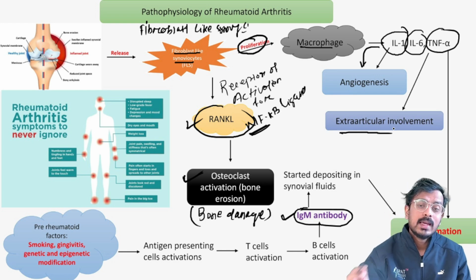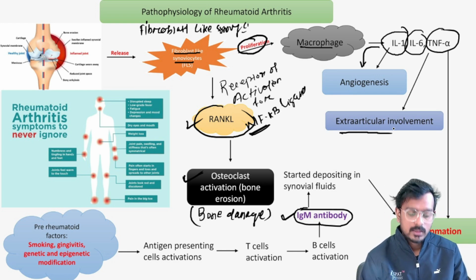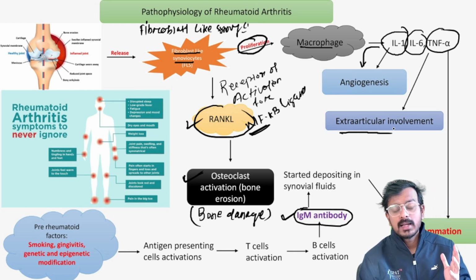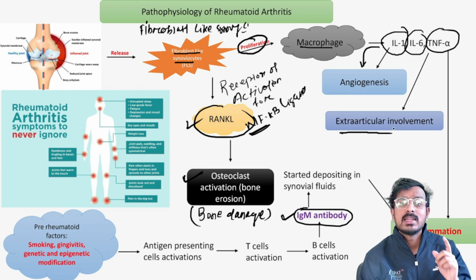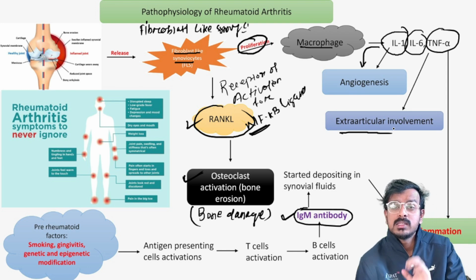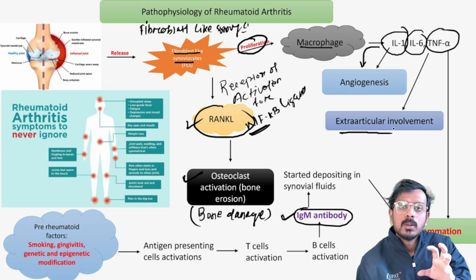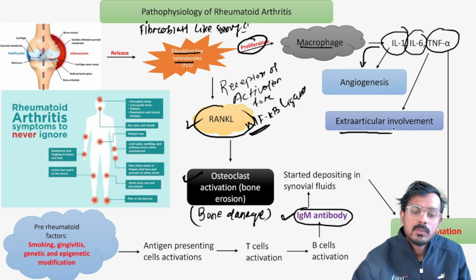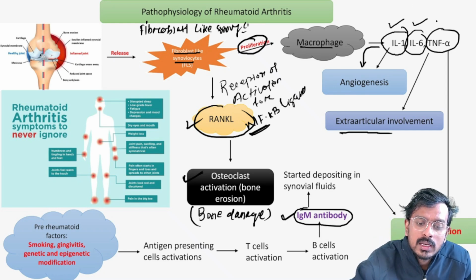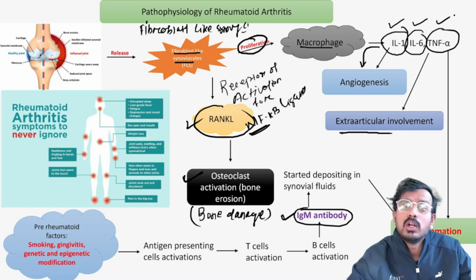Rheumatoid arthritis is considered a systemic inflammation. That means your system is involved. The inflammatory markers generated over here can migrate to other organs like the heart.